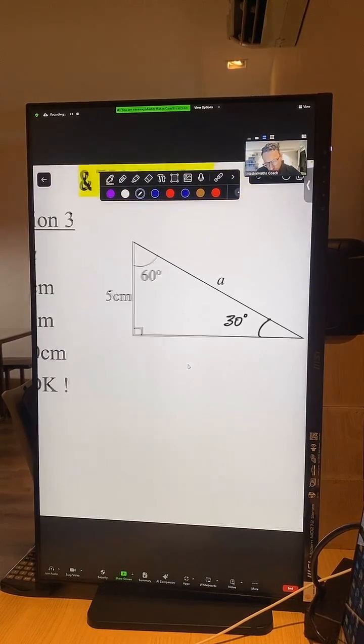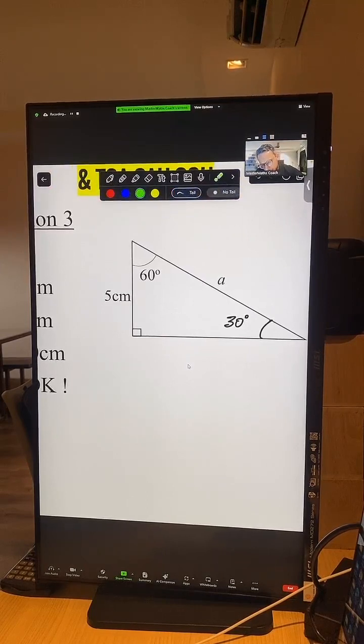So you can use this angle here, 60 degrees. With respect to this angle, this is your adjacent side. So you can label adjacent. But this is also A, so maybe don't just write A, write ADJ, adjacent. The A here will be HYP, hypotenuse.